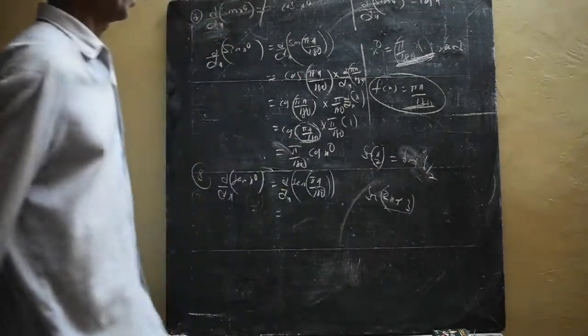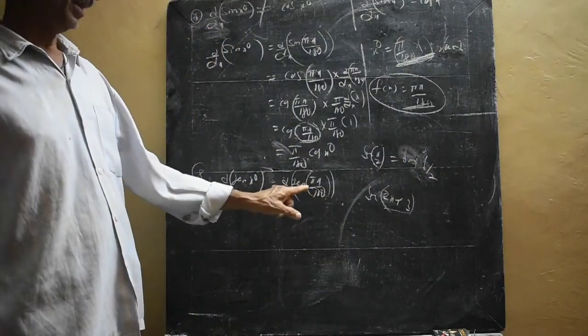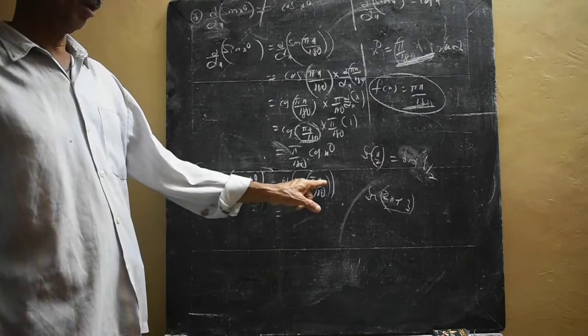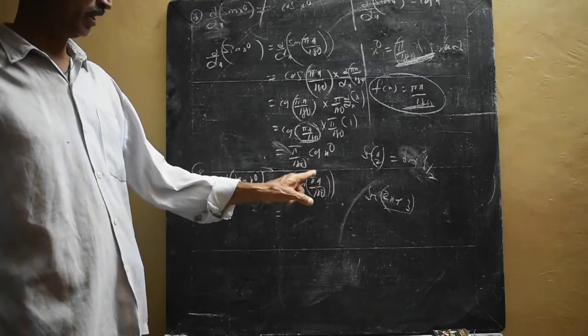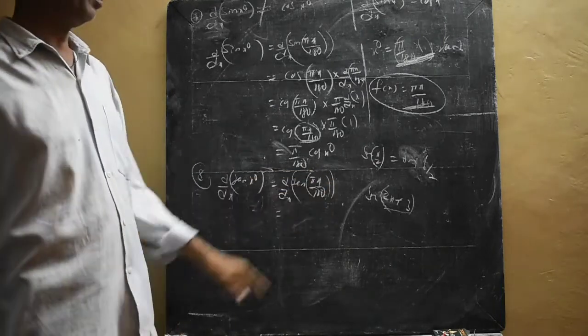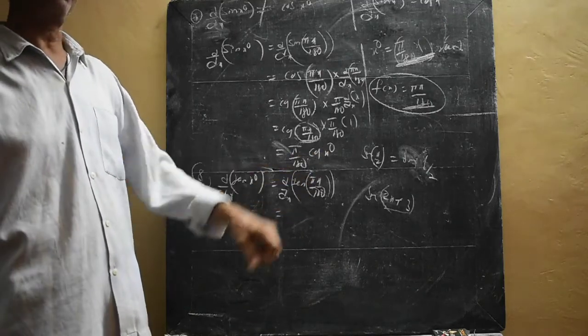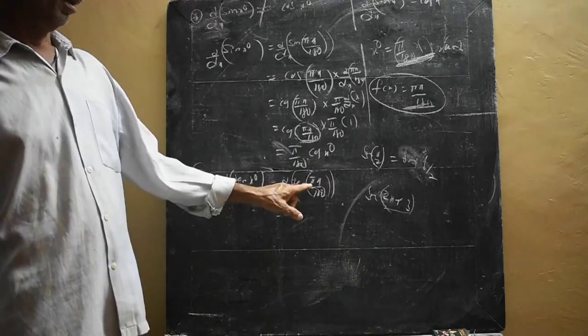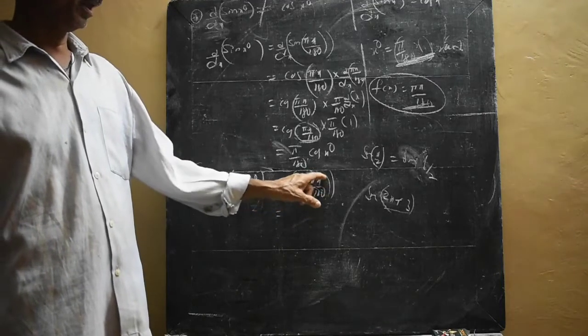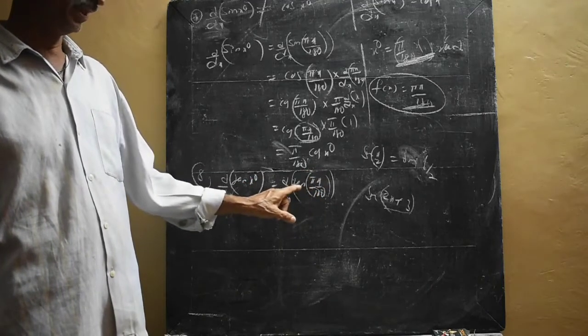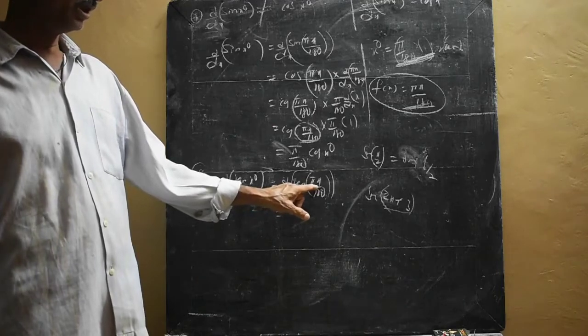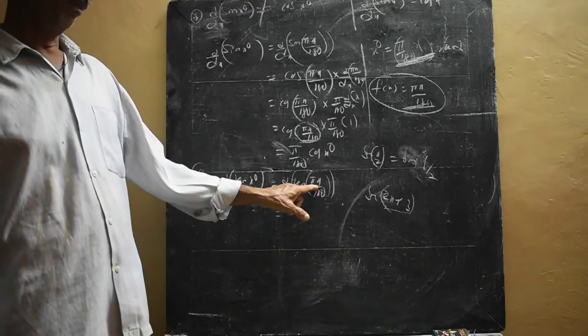Here also, for pi x by 180, the bracket is not necessary. If there are 2 or 3 terms with plus or minus, then it is better to put the bracket for f of. Tan of pi x by 180. When the second function is f of g, if g is a single term, there is no need of a bracket.